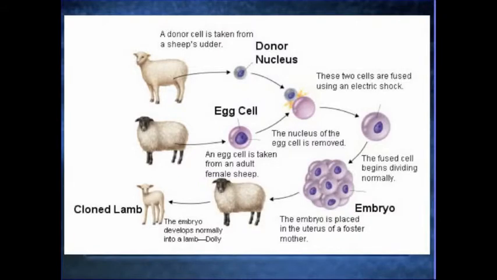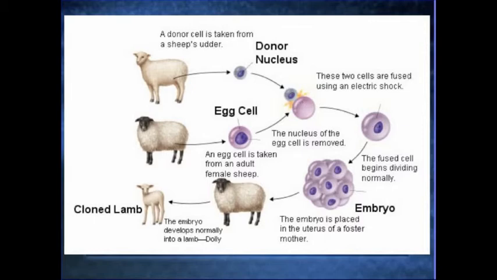So I just want to go through this image of cloning and how they cloned Dolly, the sheep. They took a cell from a sheep's udder, and then they took an egg cell from another sheep. They removed the nucleus of the egg cell, and they inserted the nucleus of the donor cell.